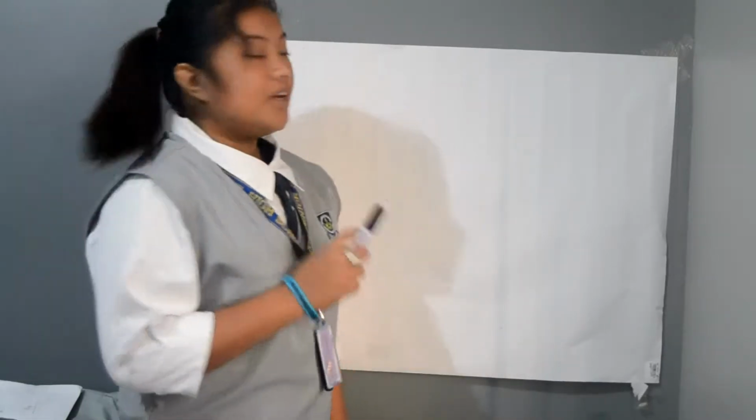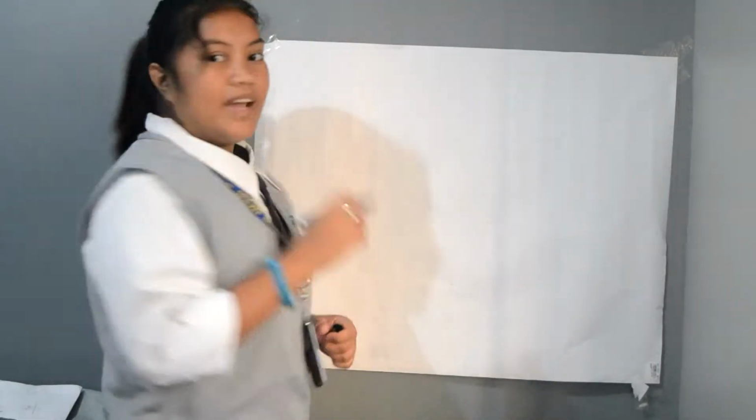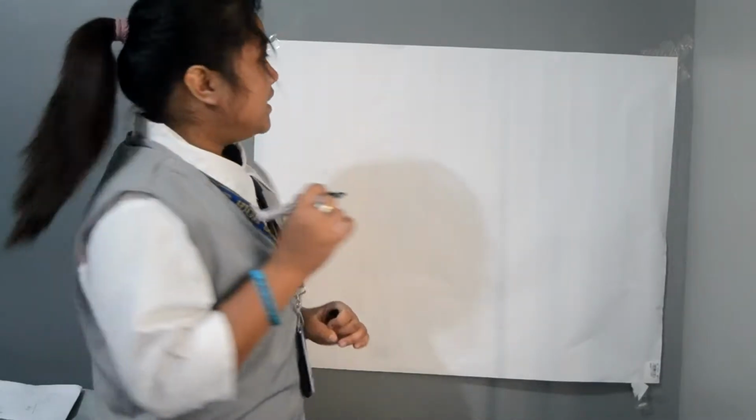So we have another example of evaluating function. f of x equals 3x squared over x minus 2, where x is equal to 3.